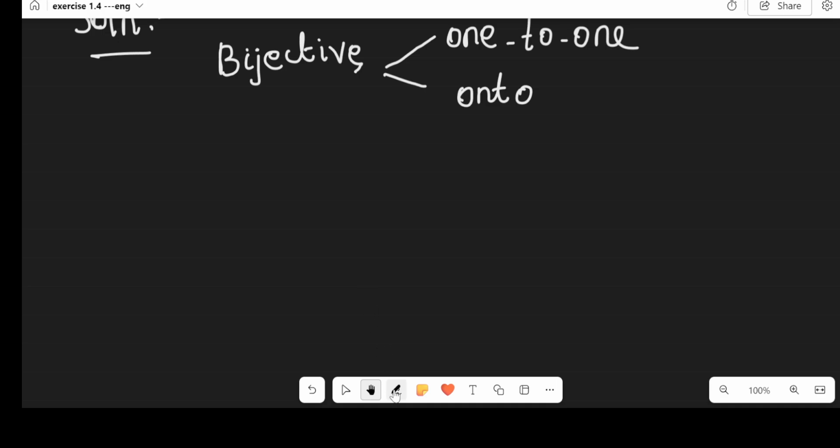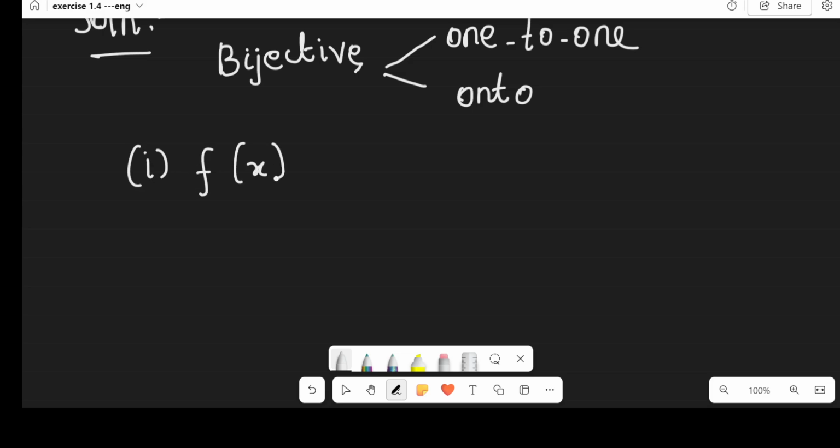So now we are going to check whether this function, first one, f of x equal to 2x plus 1, is one-to-one or not.